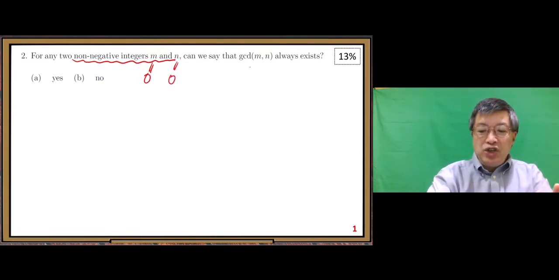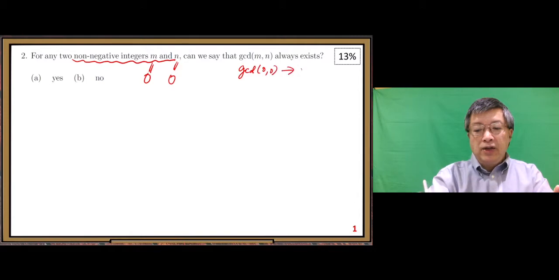Then when you look at the GCD of both 0, it does not exist, based on our definition.